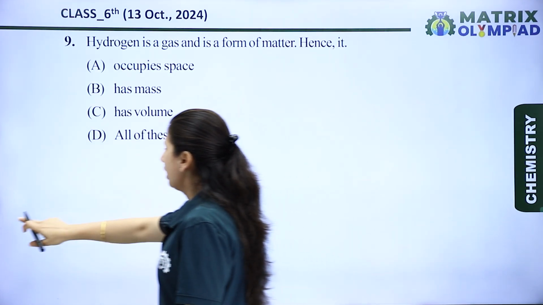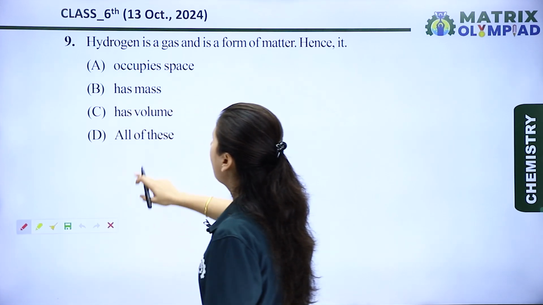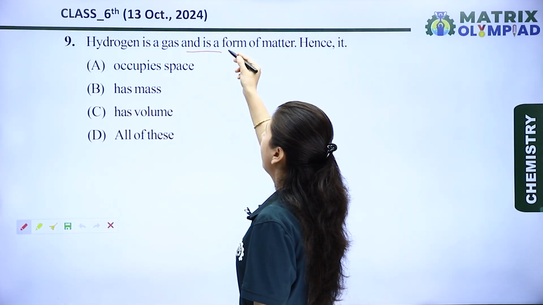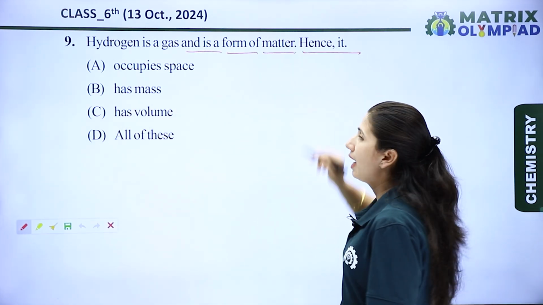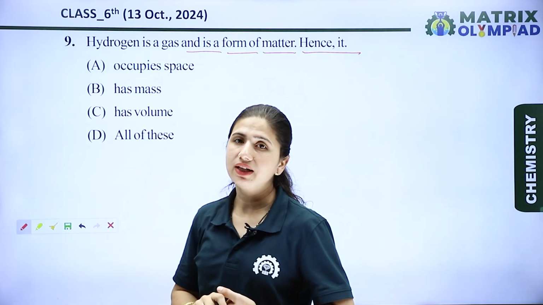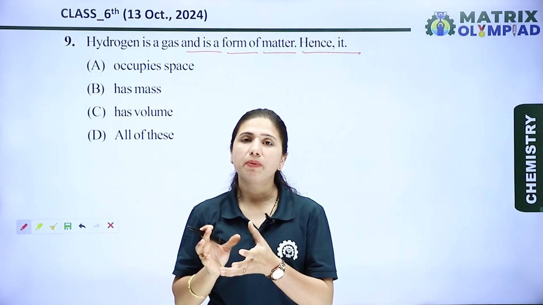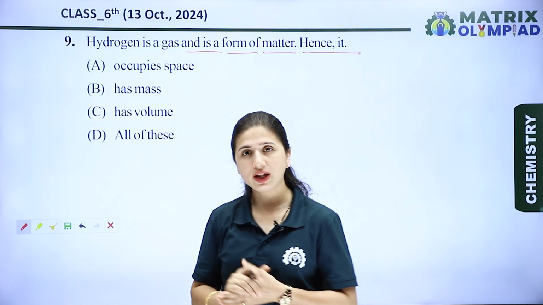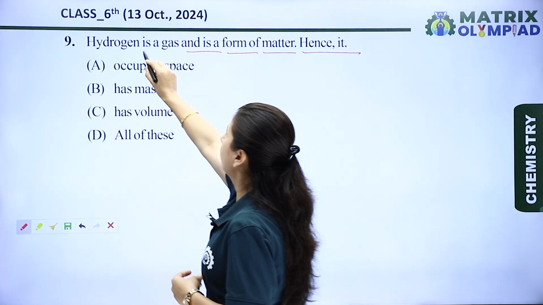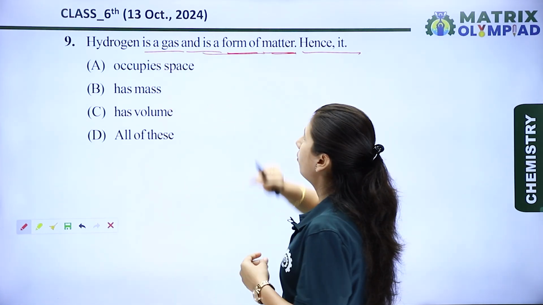The next question is, hydrogen is a gas and is a form of matter, hence it. We know that matter is a substance which occupies space and has a particular mass and volume. Let's see the options. Hydrogen is a gas and hence it forms matter.